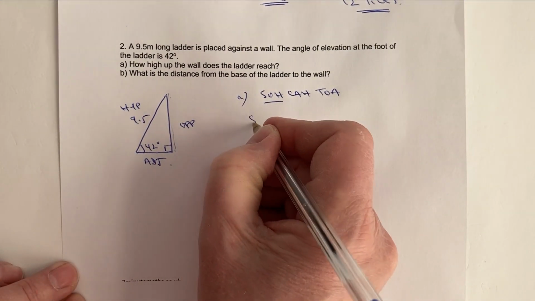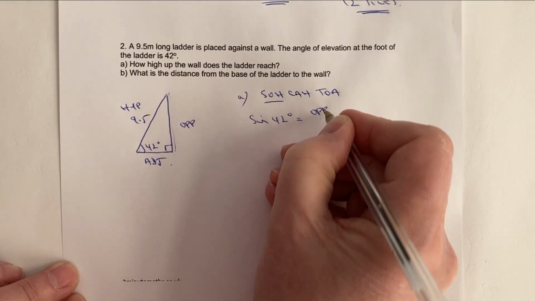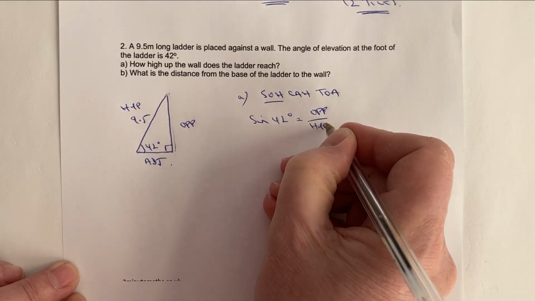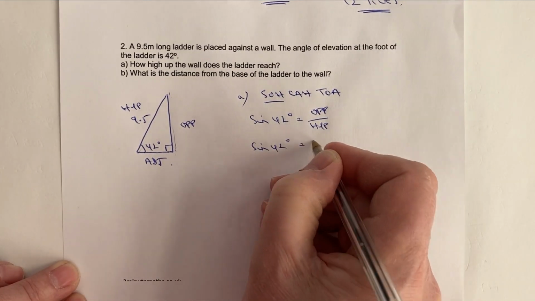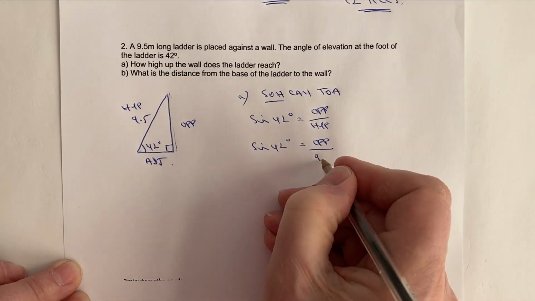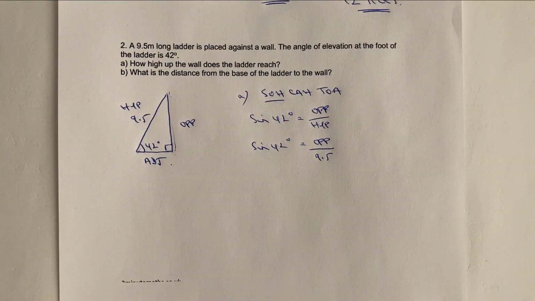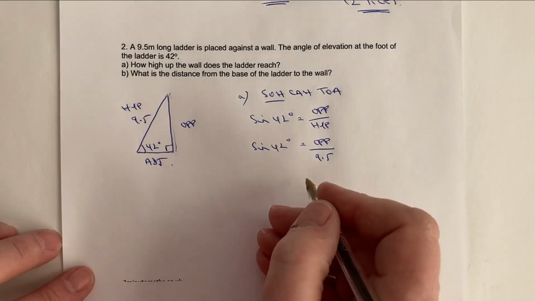So what I'm going to say is the sine of 42 degrees equals the opposite divided by the hypotenuse. So sine of 42 degrees equals the opposite, which is what I'm interested in, divided by the hypotenuse, which is 9.5. If I multiply both sides by 9.5, I get rid of this, and I just get the opposite on its own.